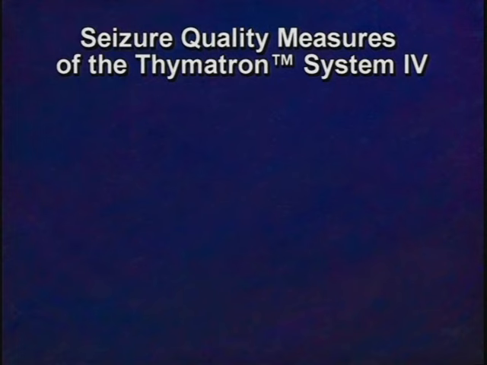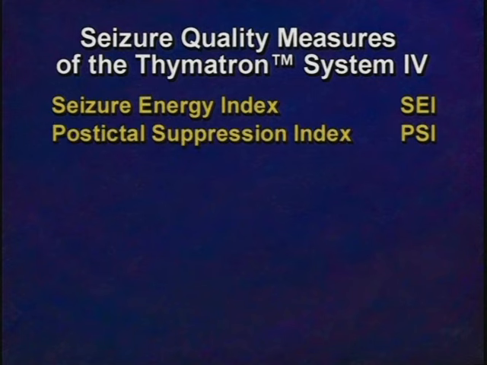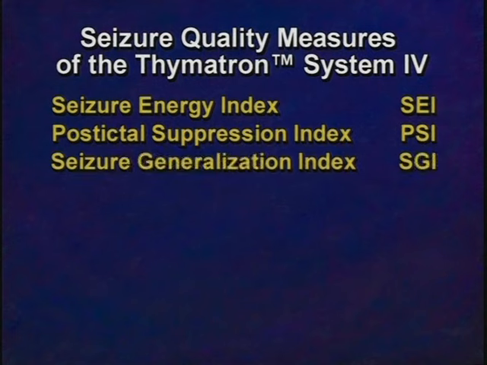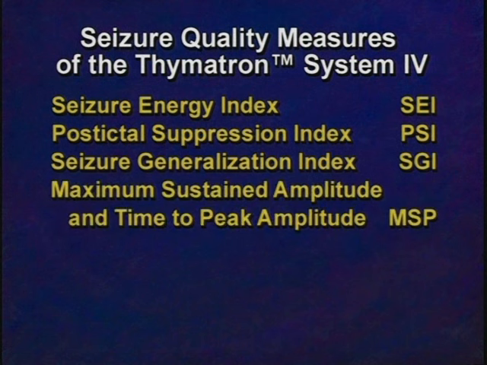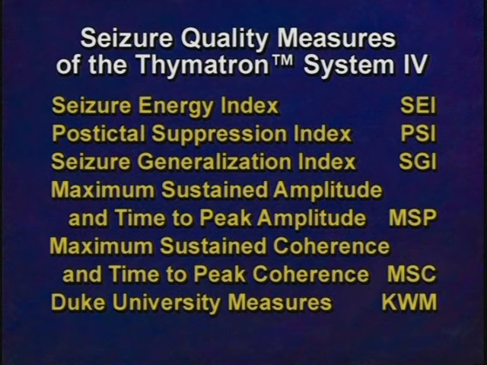Their names and flex dial designations are as follows: Seizure Energy Index, SEI; Postictal Suppression Index, PSI; Seizure Generalization Index, SGI; Maximum Sustained Amplitude and Time to Peak Amplitude, MSP; Maximum Sustained Coherence and Time to Peak Coherence, MSC; Duke University Amplitude Measures, KWM.